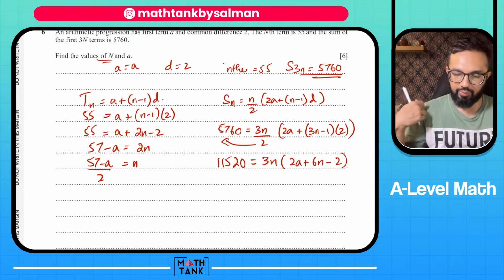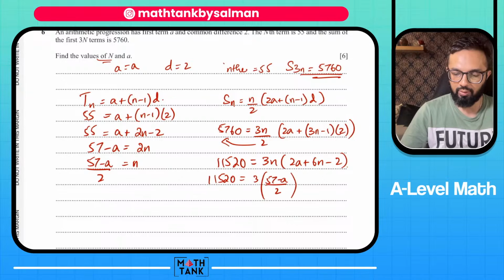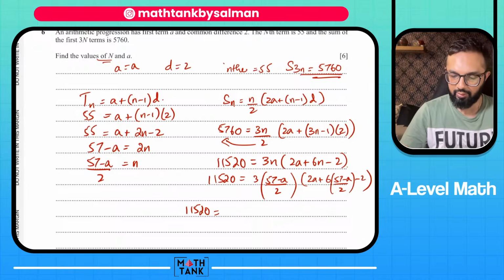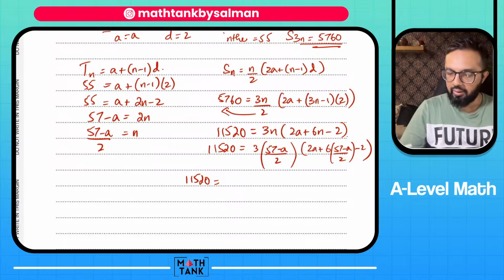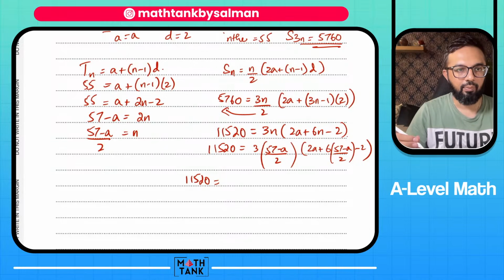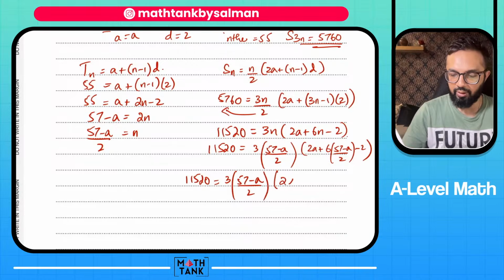Okay, so then can I use this instead of n, 57 minus a over 2, and that's 2a plus 57 minus a over 2 minus 2, equals 11,520. And 2a plus 3 times 57.